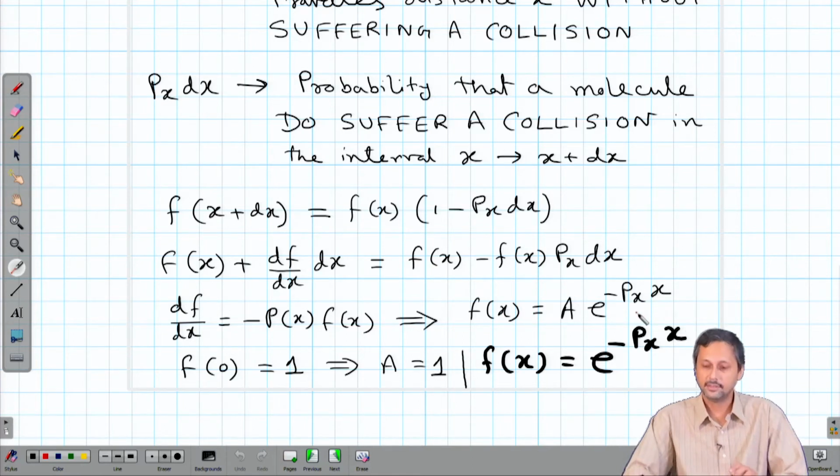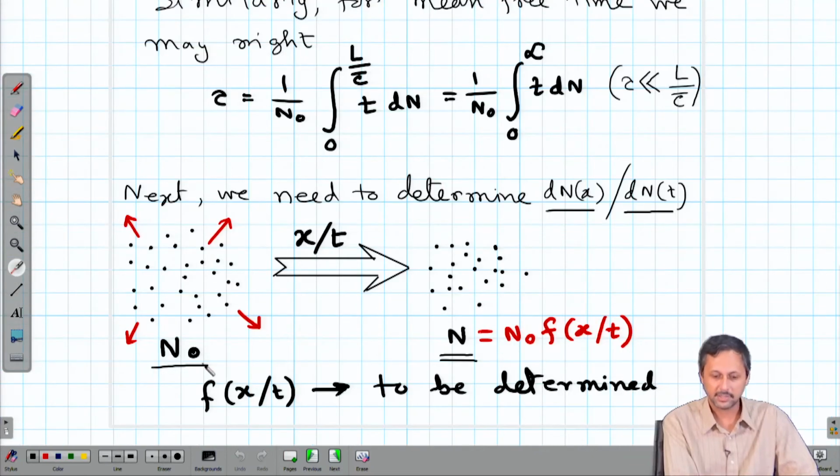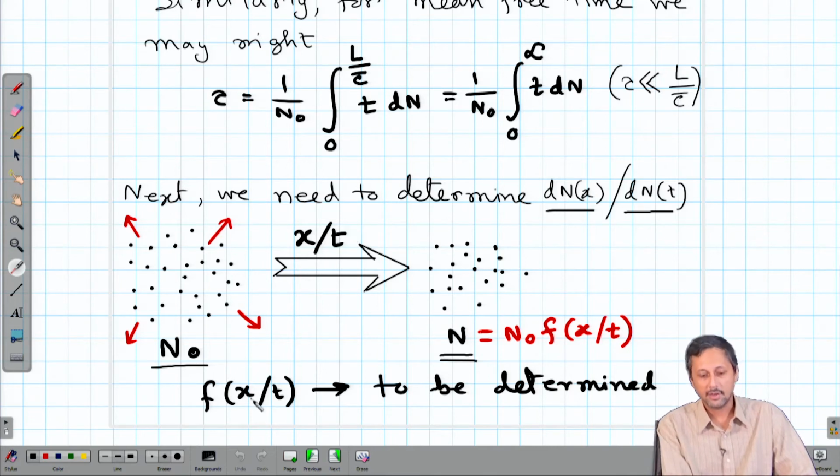Now, we have to realize that at x equal to 0, f is equal to 1, because at the place where we start, we have n0 number of molecules. Go back to this picture: at x equal to 0 or t equal to 0, f has to be equal to 1, right.